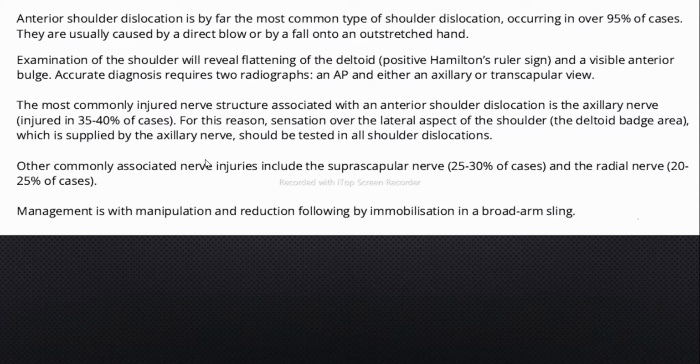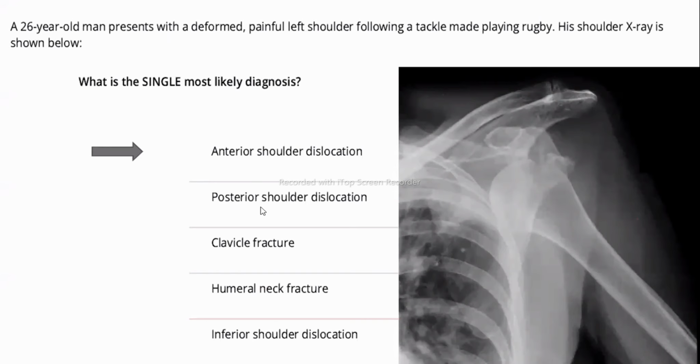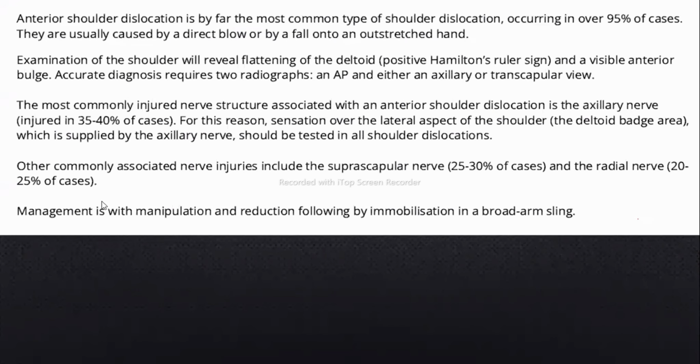They can give you the X-ray and a scenario, and say the manipulation and reduction is done. What is the next action? Discharge, repair, or immobilization in a broad arm sling? Immobilization. So when you are studying, each point can be questioned. Take care.